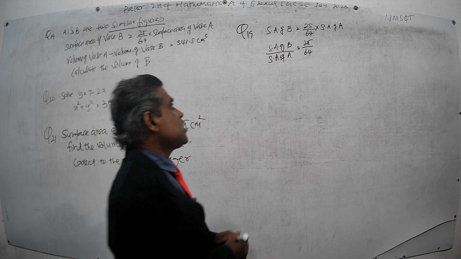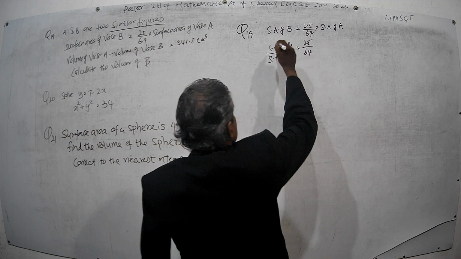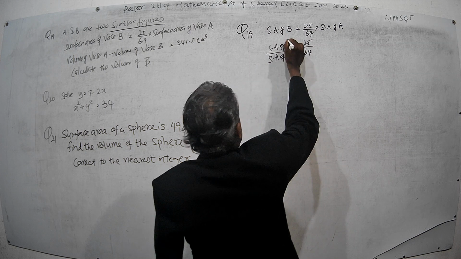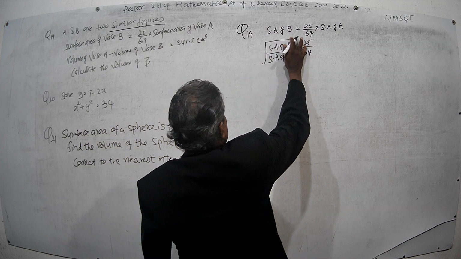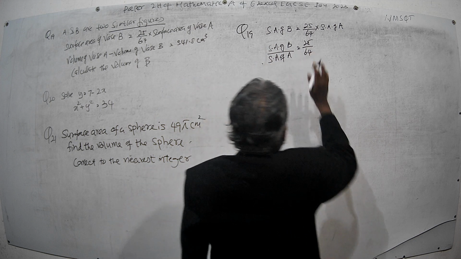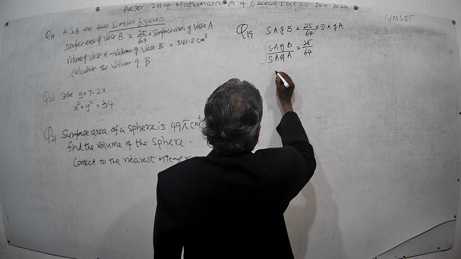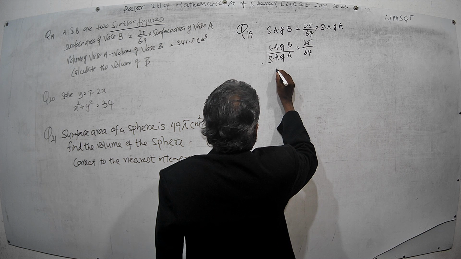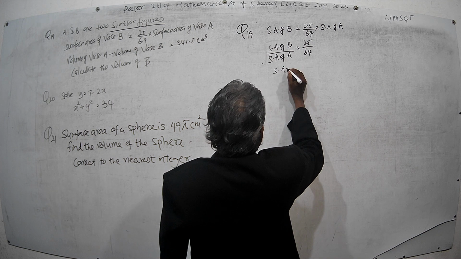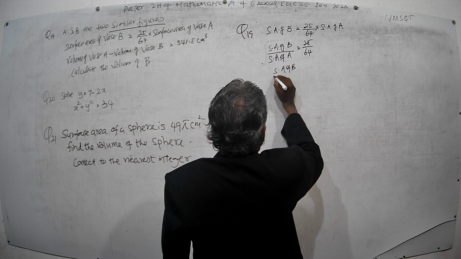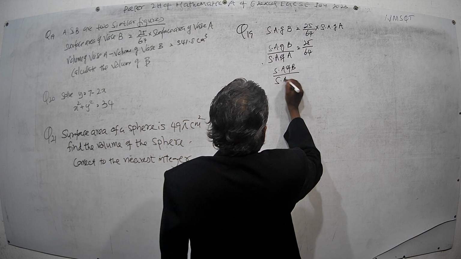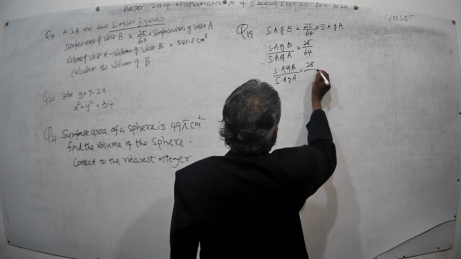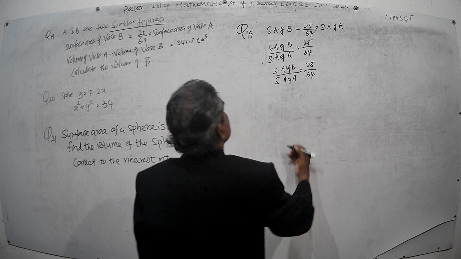Now we can find the ratio between sides by taking the square root of the ratio between areas. Like this you can write surface area of B over surface area of A equals 25 over 64.